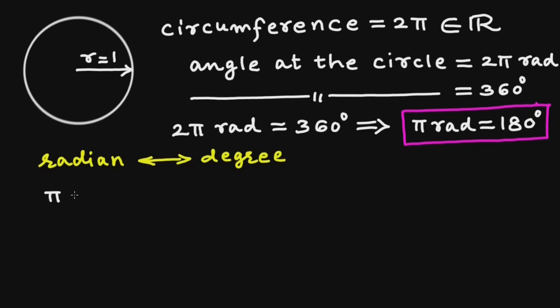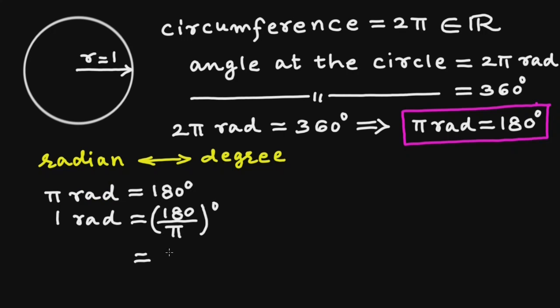Since pi radians is 180 degrees, 1 radian will be 180 upon pi degrees, which is 180 upon 22 upon 7, which is the value of pi. It gives us 1 radian equals 57 degrees and 16 minutes approximately.